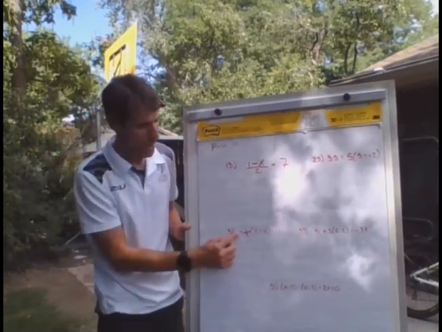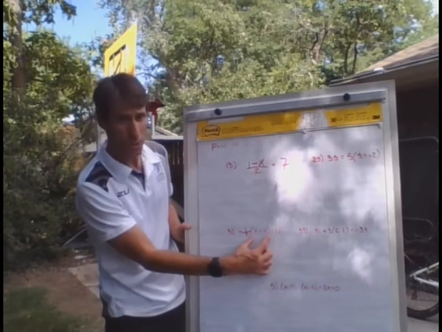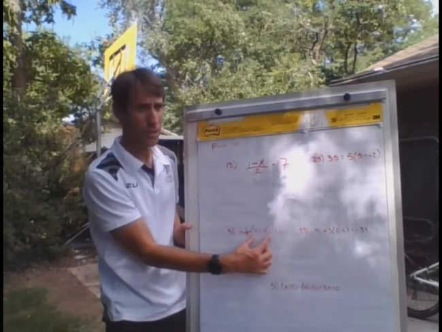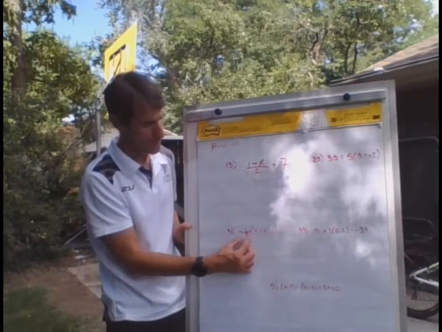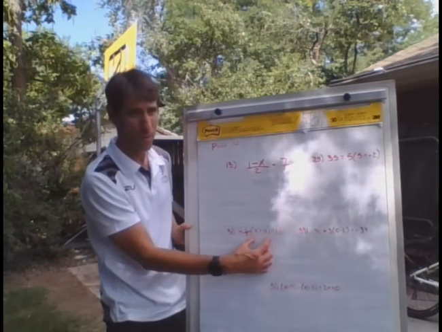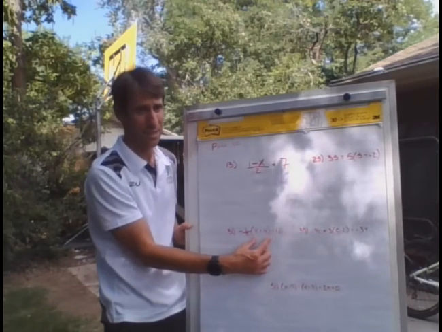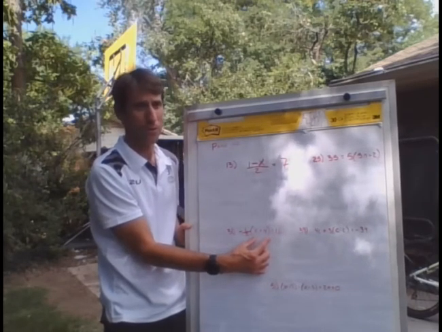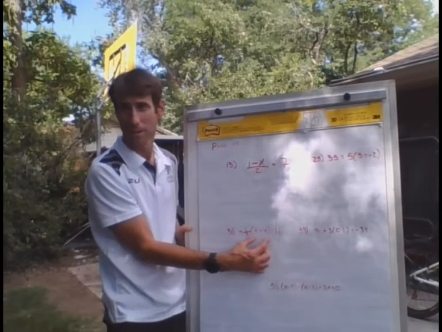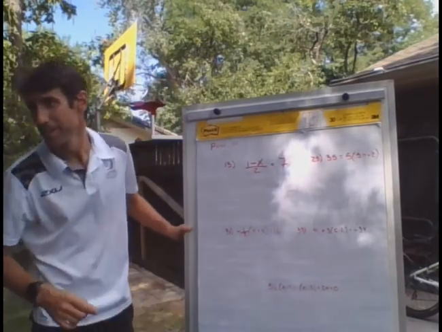Right here we have a negative 1/2 next to the binomial x plus 4. Bear, what does that mean when that negative 1/2 is right next to this binomial? Emerson.